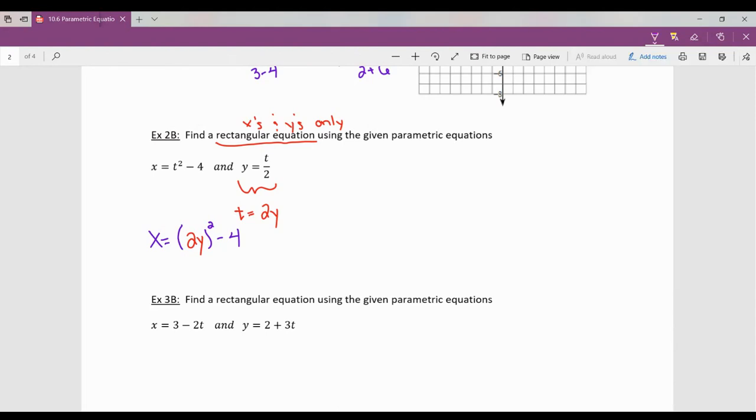We've got 2y squared, so that's 4y squared minus 4. So x is equal to 4y squared minus 4, and we don't have to have it as y equals.